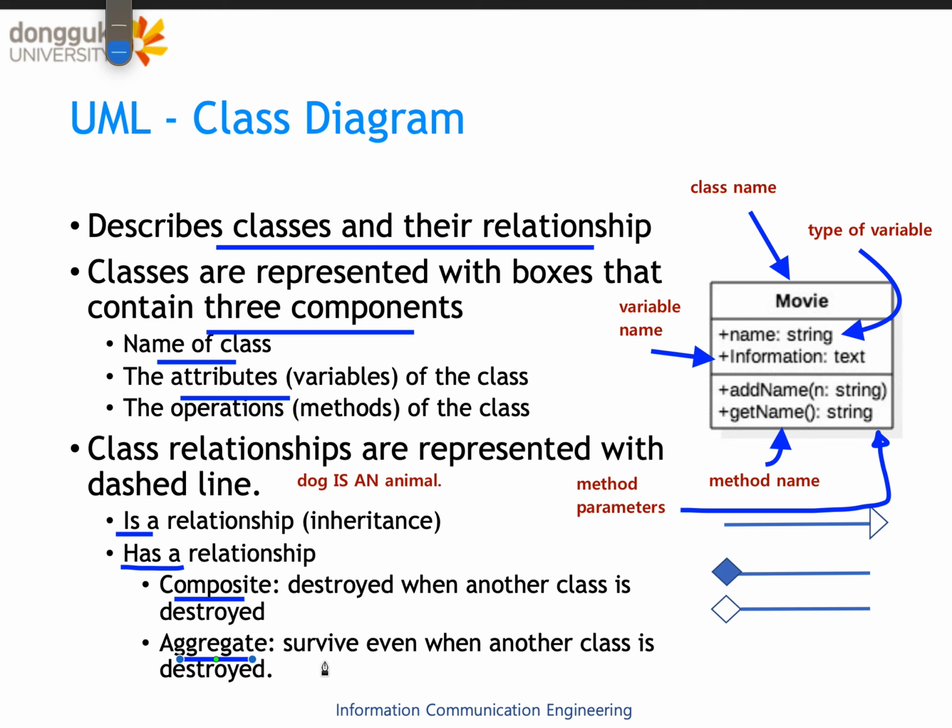Composite means that if one class is destroyed or no longer used, the other class is automatically destroyed. In this case, it is a composite relationship. In an aggregate relationship, even when one class is destroyed, the other one can survive.